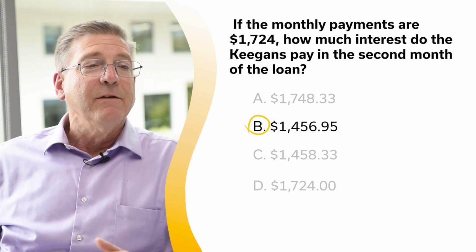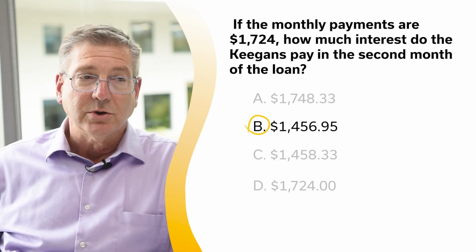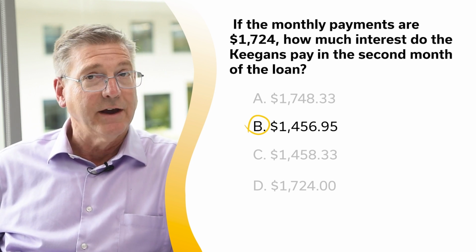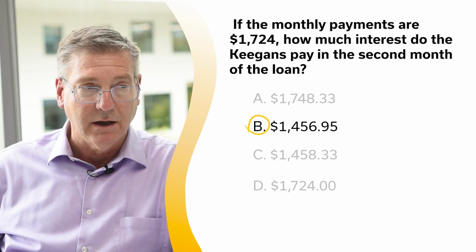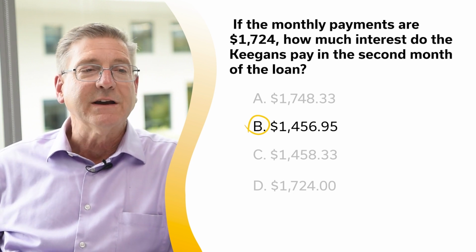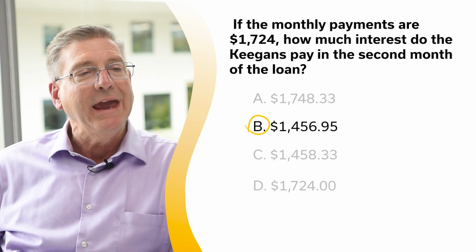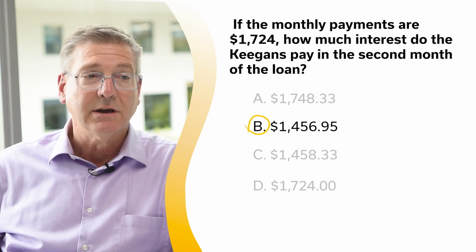$1,456.95. In the first month, they pay interest of $280,000 times 6.25% divided by 12, or $1,458. If their fixed payment is $1,724, they pay down the principal by $266.